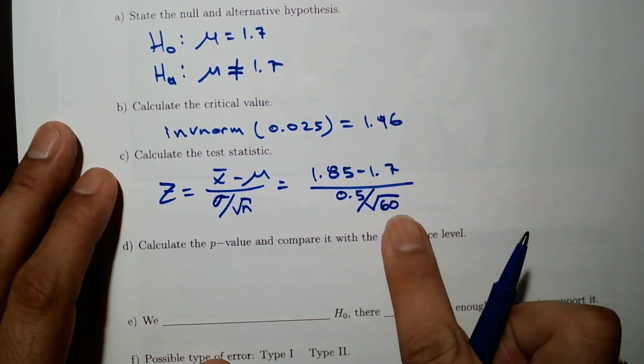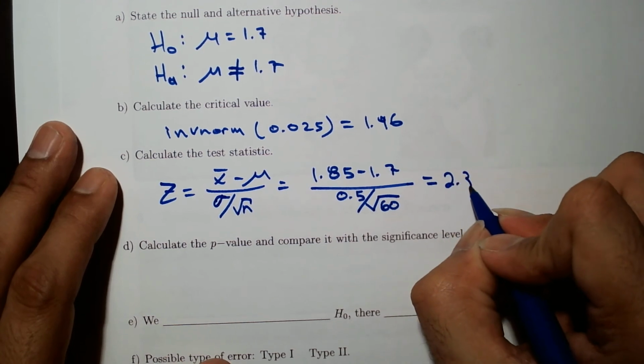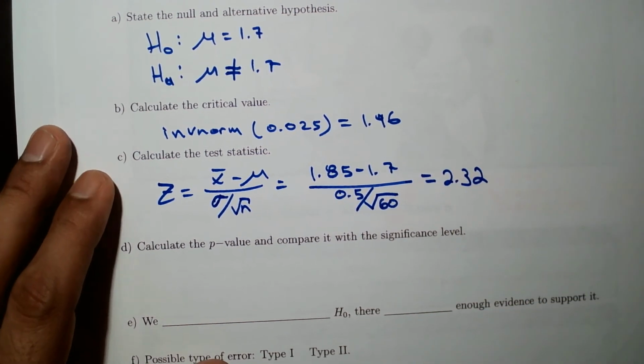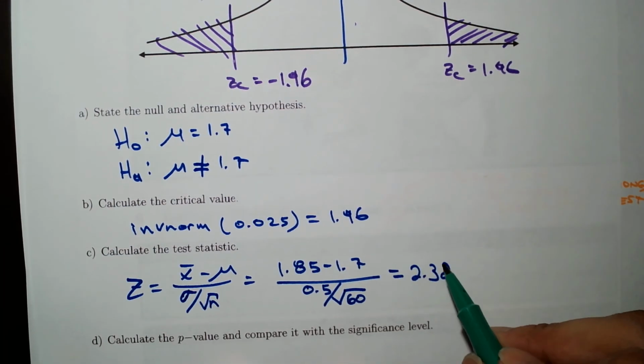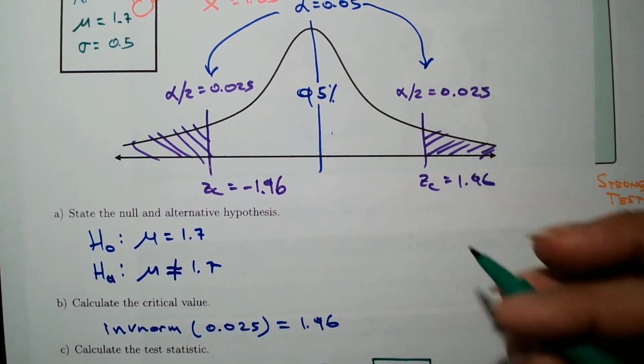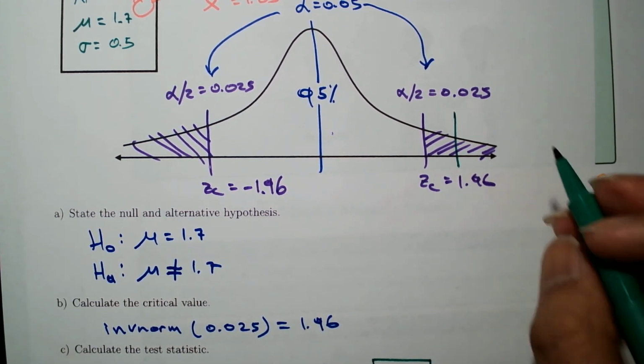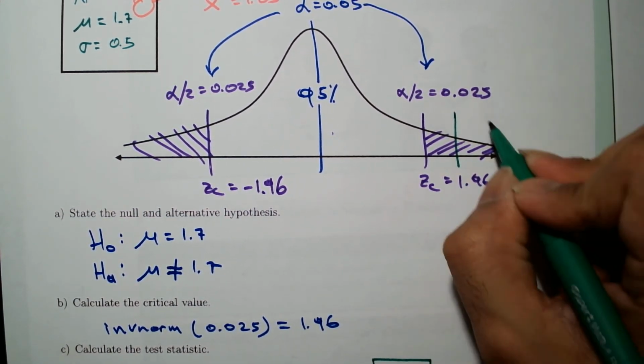That's what changes, the sample size. And I get a better number, 2.32. And clearly, 2.32 falls within the shaded region because it's bigger than the critical value of 1.96.